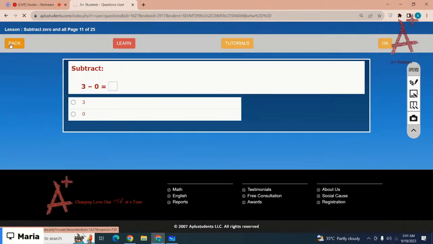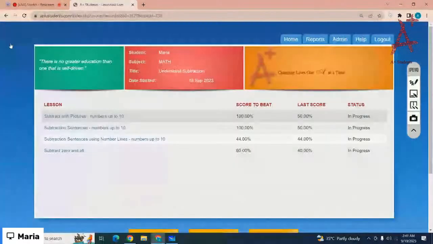So we were working on grade 1 math. We are working on the chapter Understand Subtraction. The lessons we have covered today are subtract with pictures, numbers up to 10; subtraction sentences, numbers up to 10; subtraction sentences using number lines, numbers up to 10; and subtract 0 and all, right?